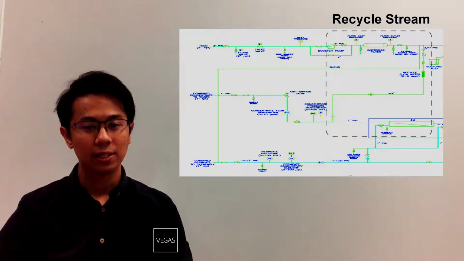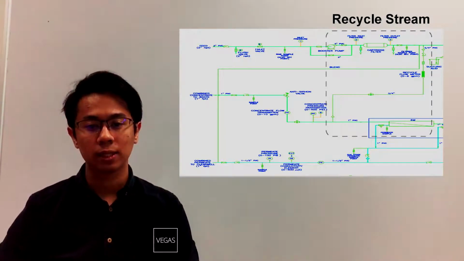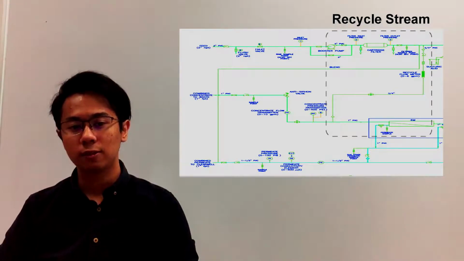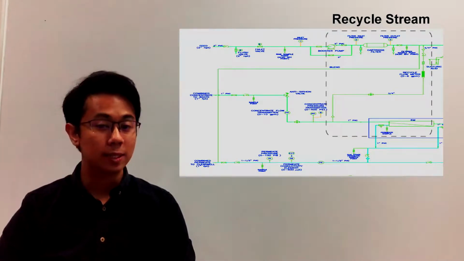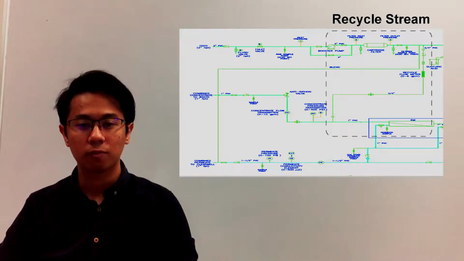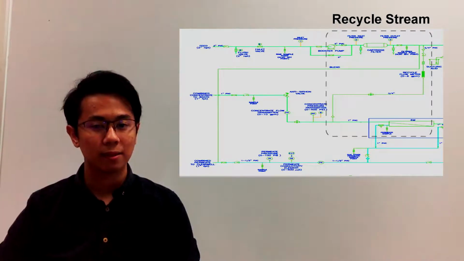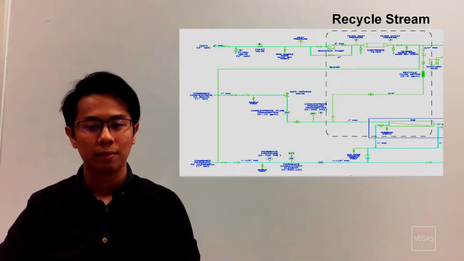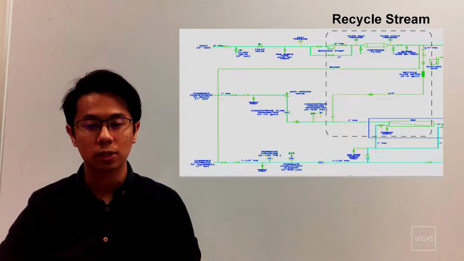In short, the recycle streams allow the reverse osmosis system to achieve higher water purity. Companies can also save money by applying the recycle streams, because the disposal cost is significantly reduced.